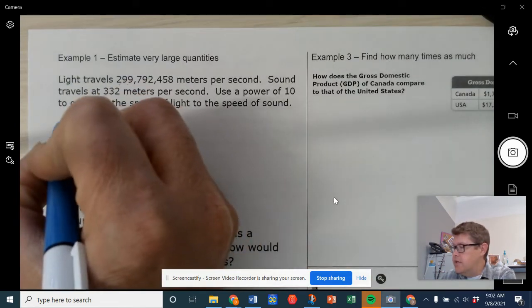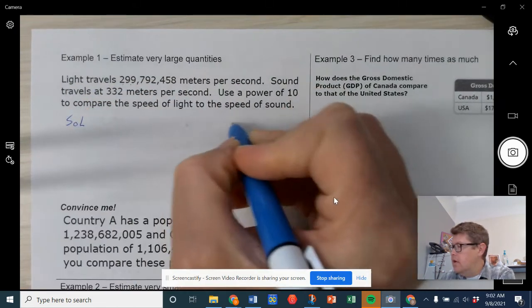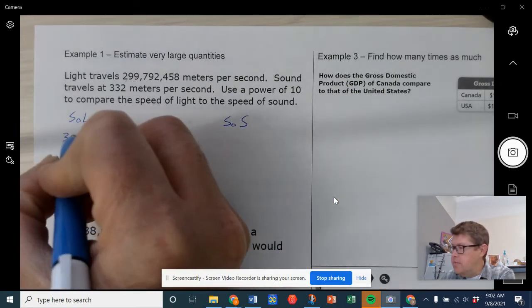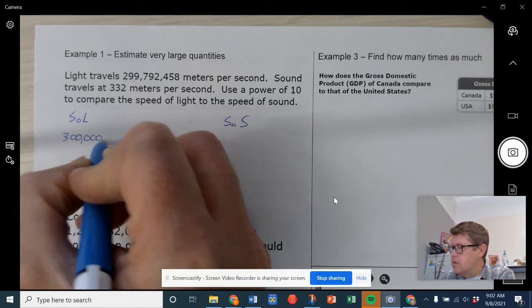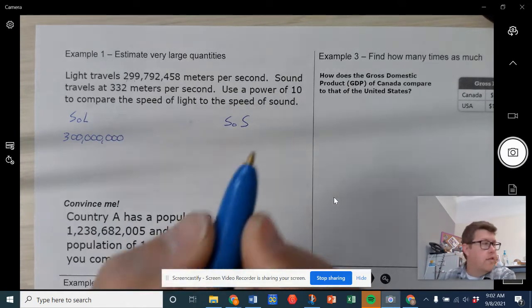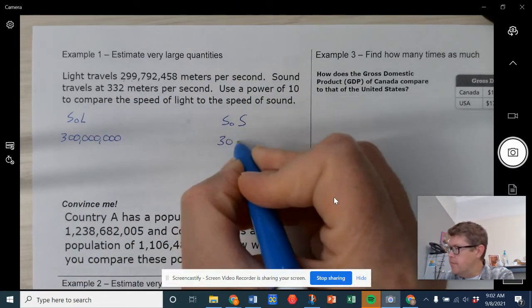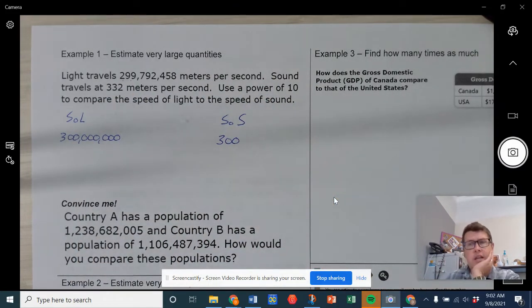So for the speed of light versus the speed of sound, we've got 300 million right here. And then for the other one, we're going to round it down a little bit to go to 300. So that's the idea. It just makes it easier to compare these things.